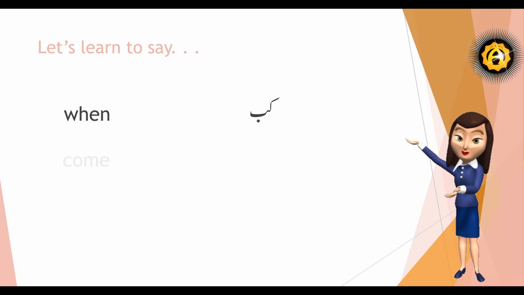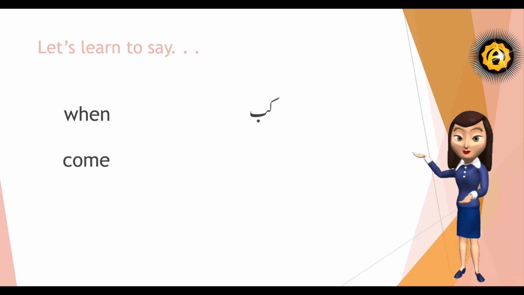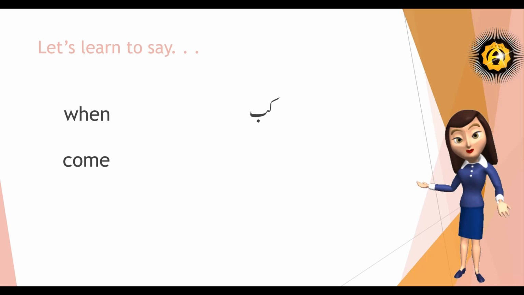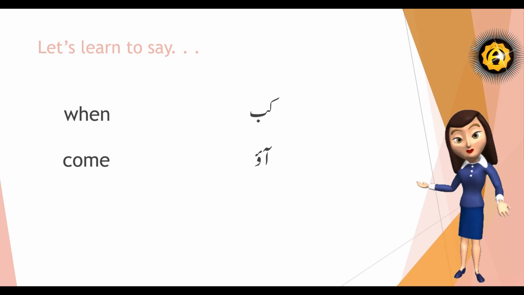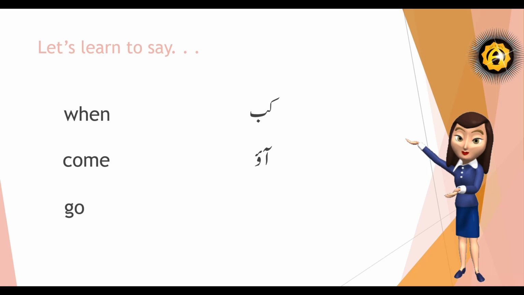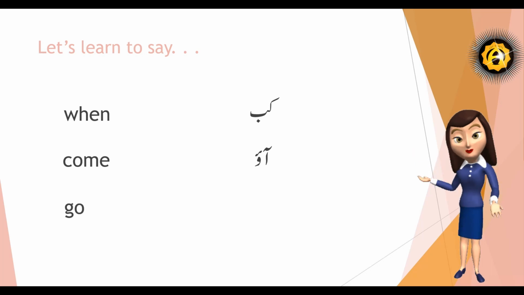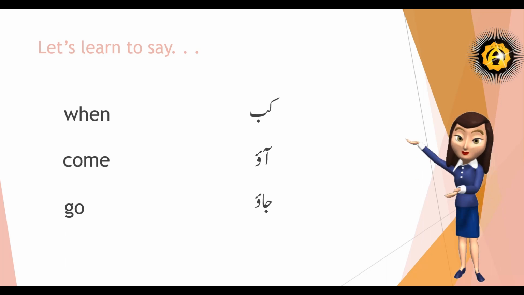Then in English we say come, and in Urdu आओ. Come, आओ. Then in English we say go, and in Urdu जाओ. Go, जाओ.